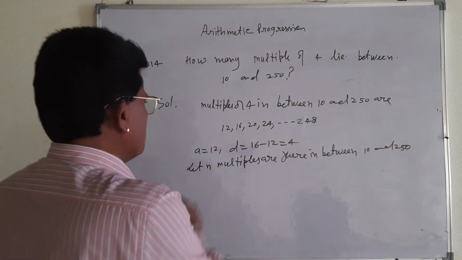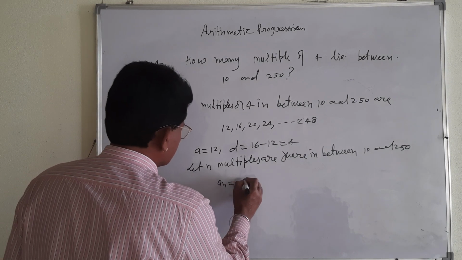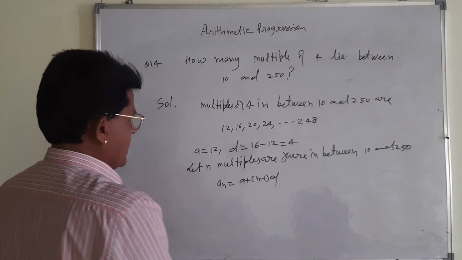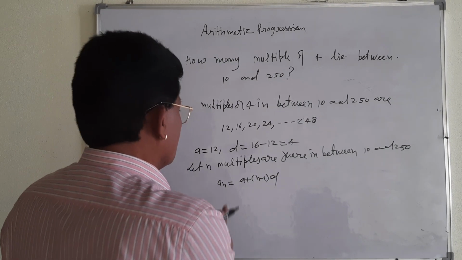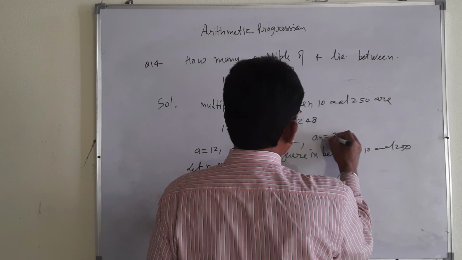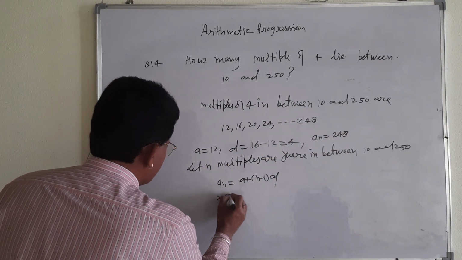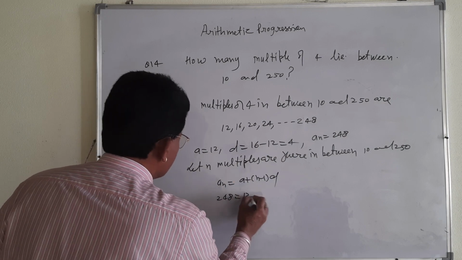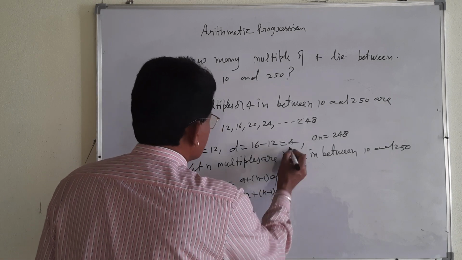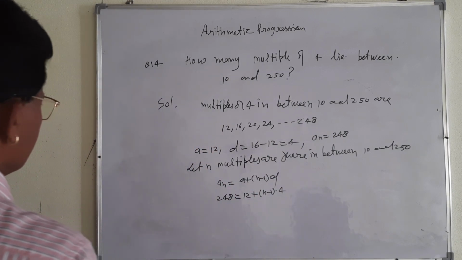How many multiples are there between them? n. Use the formula. The nth term a_n will be equal to 248, the last term. 248 will be equal to a, which is 12, and we will find the value of n. d is 4, my dear student.